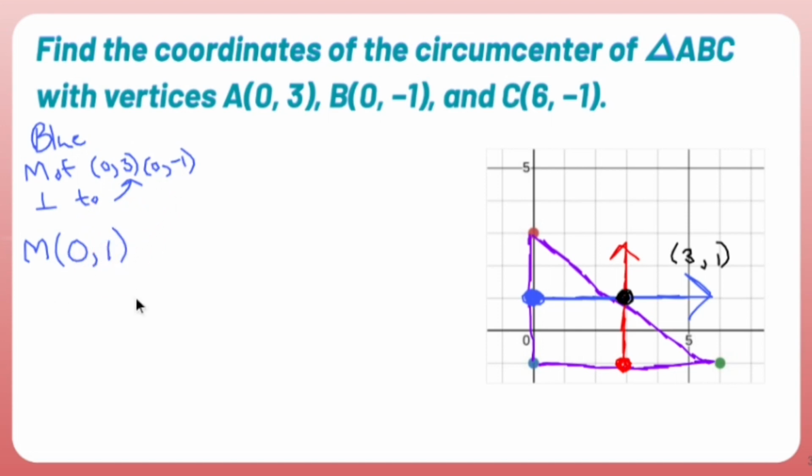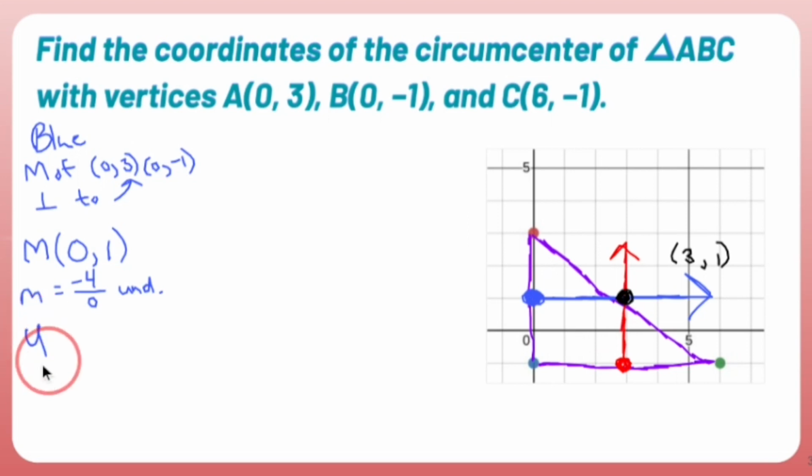Now to find the slope, I could see it right here. But let me find the slope. The slope is going to be negative 1 minus 3 because I'm using the slope formula. So negative 1 minus 3 is negative 4 over 0 minus 0, which is 0, which is undefined. So what I need is something perpendicular to that, and something that's perpendicular to a vertical line has a slope of 0.